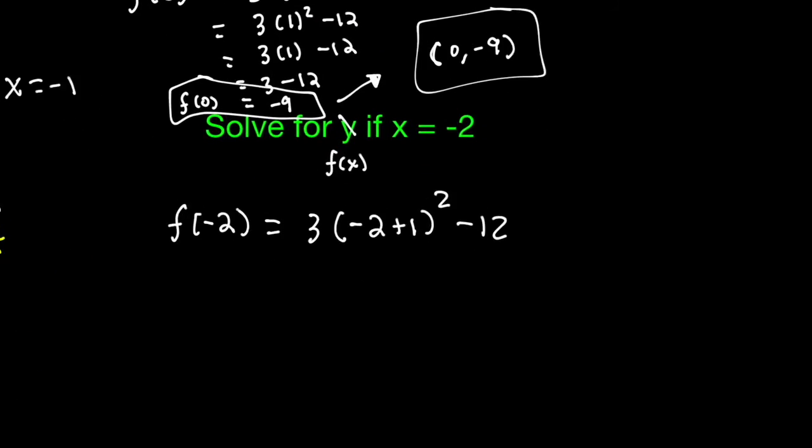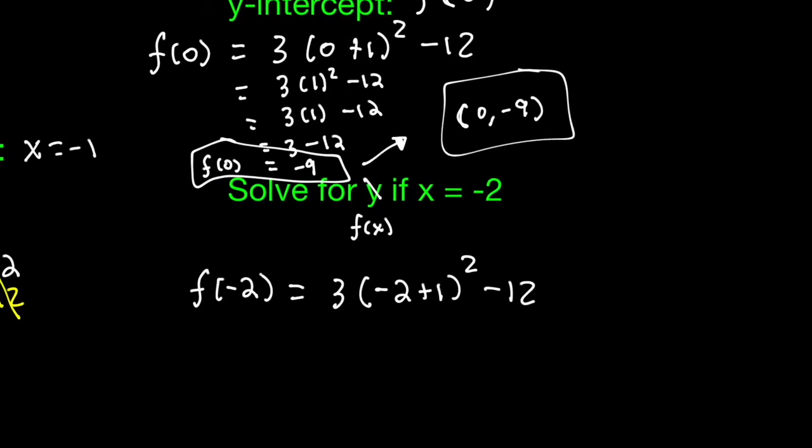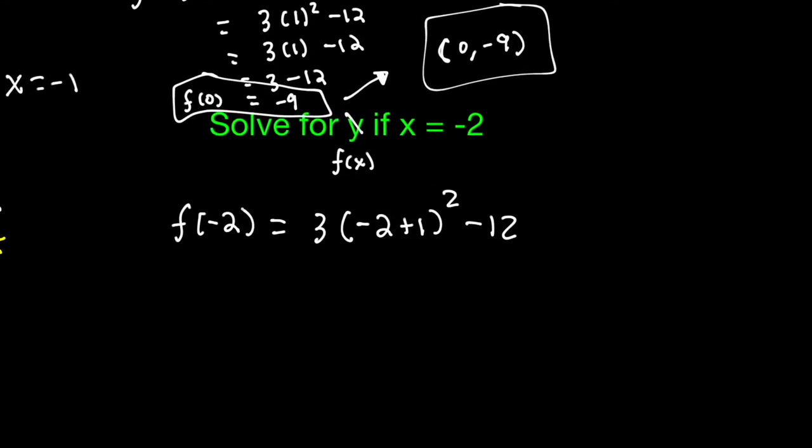We're going to follow the same process that we followed for the y-intercept. We're first going to evaluate what's inside the parentheses. So negative 2 plus 1 gives me negative 1. And we have quantity squared minus 12. Now, negative 1 raised to the second power is negative 1 times negative 1, so we get positive 1.